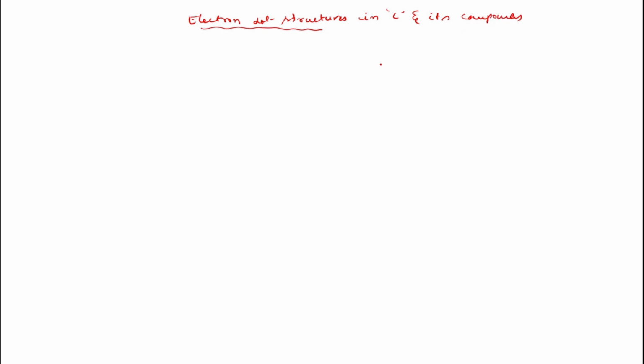Why do we have to write electron dot structures? Because we have to know the sharing of electrons between two atoms. That's why we write electron dot structures, to understand what is going on in the electron sharing between two atoms. So the reactivity is explained.